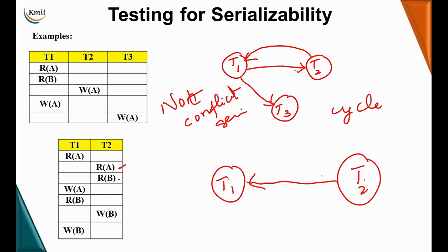Then read of B, the next one. I have got write of B. So again T2 to T1, no need to draw again. Then I have got write of A. Here I don't have anything on that. I have got write of B. There is read of B. There is write of B, which is a conflicting pair. So again I have an edge from T1 to T2. So what I see is a cycle. That means it is not a conflict serializable schedule.